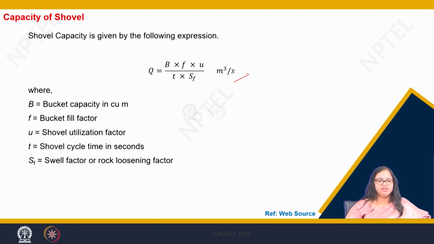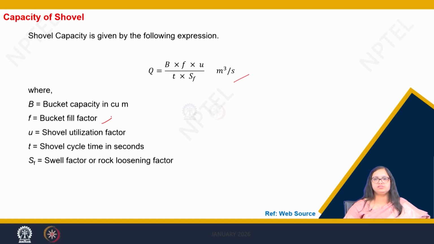So what is B? B is the bucket capacity, that is in cubic meters, and F is the bucket fill factor. So if you remember what is the fill factor and swell factor from the first class, you would understand what is a bucket fill factor. Now let me explain you again. Now the bucket has some inner volume.